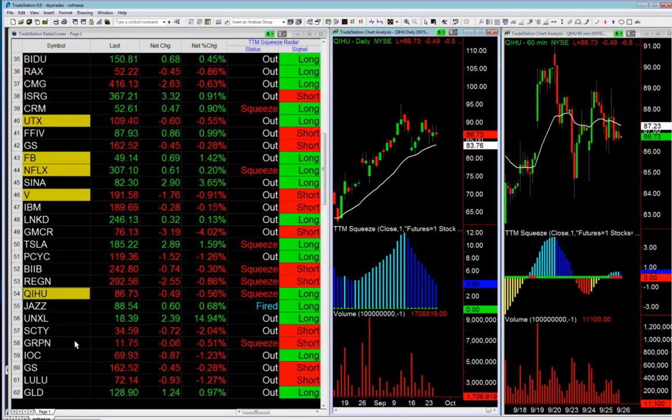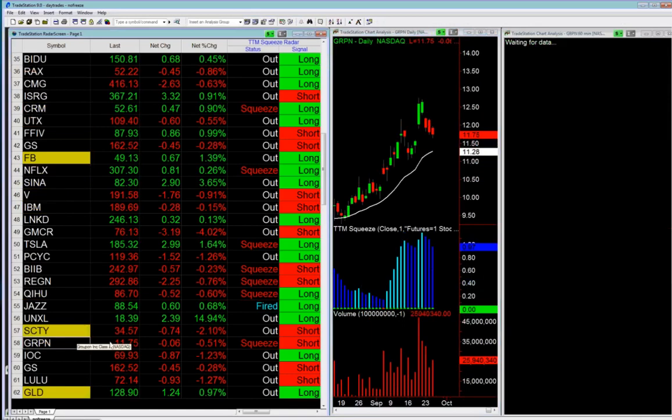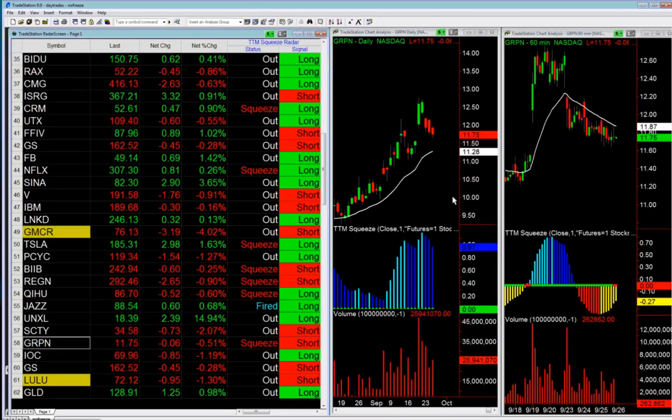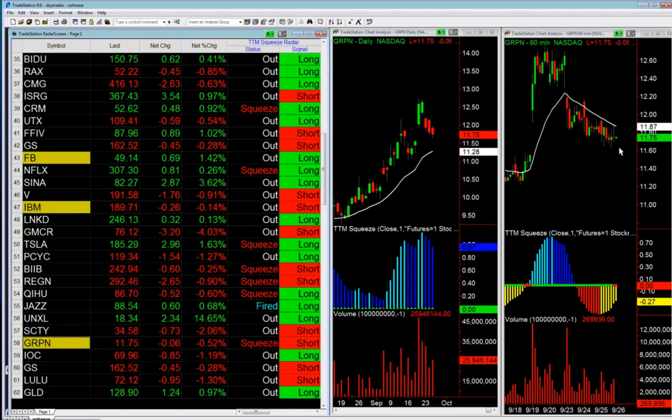Groupon. Now, Groupon's interesting here. So for Groupon, as a rule, I generally don't trade options on stocks that are this low priced. It's just that there's not as much bang for the buck, so to speak. However, that being said, you can still do it on these stocks. So you could buy some $11 calls, et cetera. I'm just typically looking for bigger stocks.